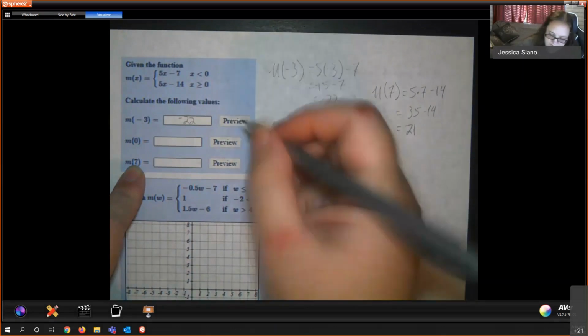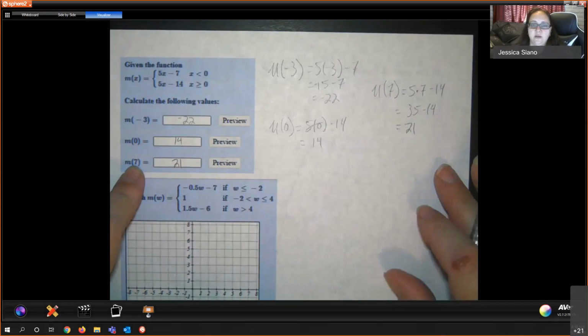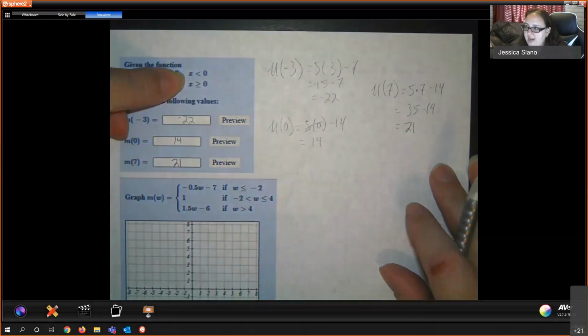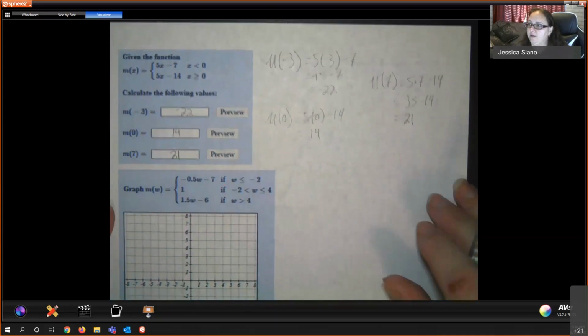Okay, so with these, you just have to make sure that you're using the domains on the right to determine which of the pieces you're going to plug into.